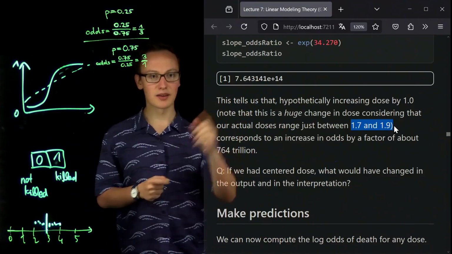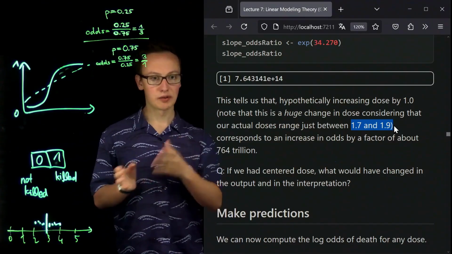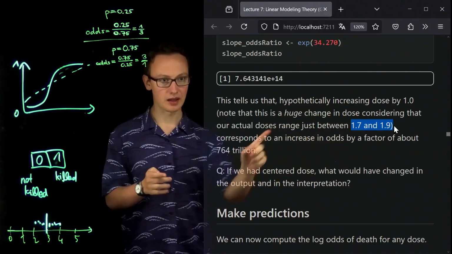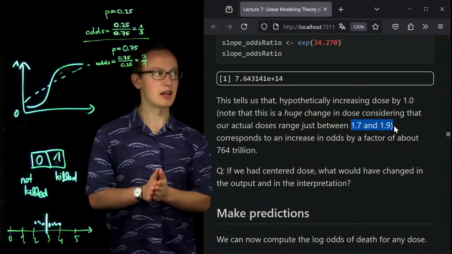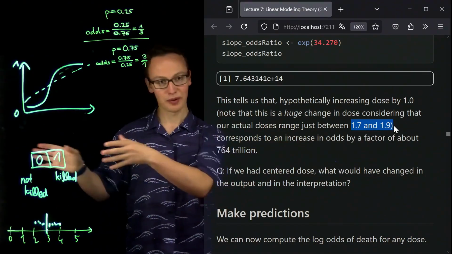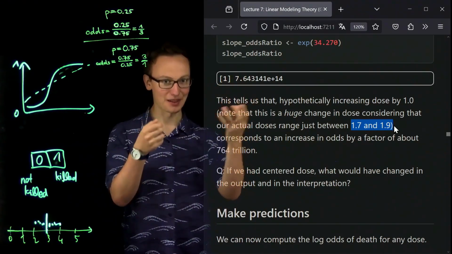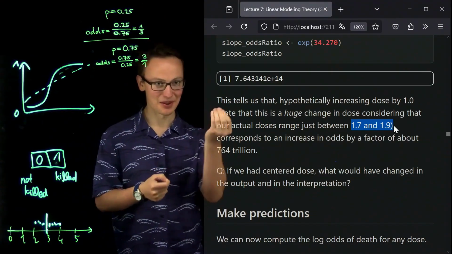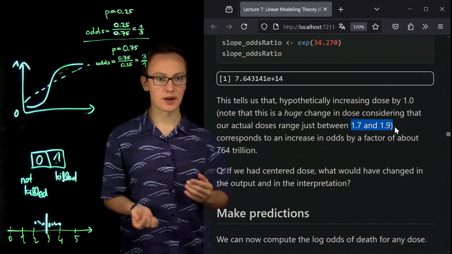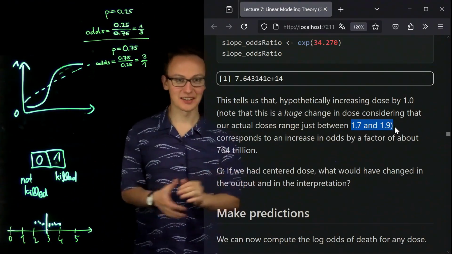So that would represent the increase in odds, by a factor, going, for example, from an original dose of 1.7 to a new dose of 2.7, way outside of our range, or let's say from a dose of 0.8 to a dose of 1.8, from way outside of our range into our range, okay? So that is why this odds ratio, if interpreted at face value, is that gigantic in this case, 764 trillion.